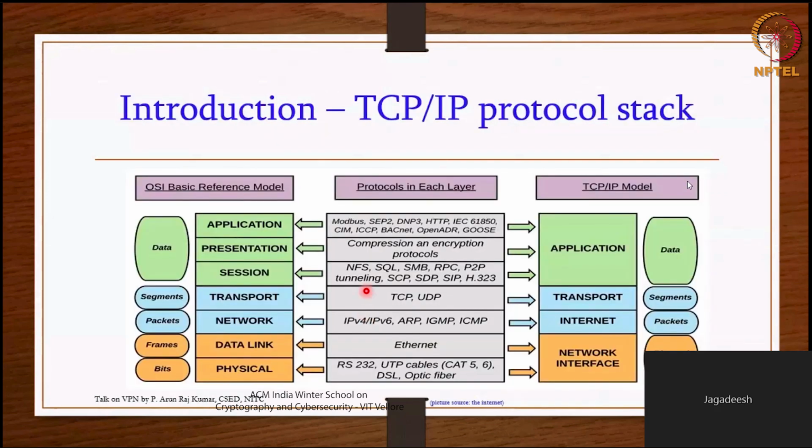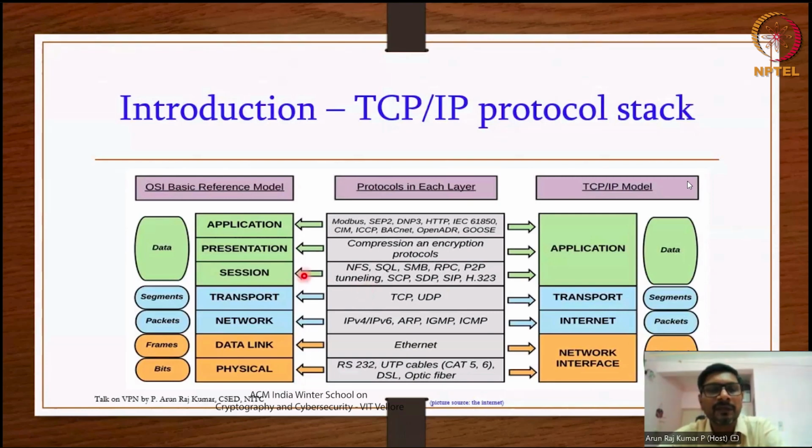This is the introduction to the TCP/IP protocol stack. Now you could see there are two models here. One is the OSI basic reference model, which consists of 7 layers, and then we have another model called the TCP/IP model, which consists of 4 layers. The functionalities being discussed in all the 7 layers are also happening here.